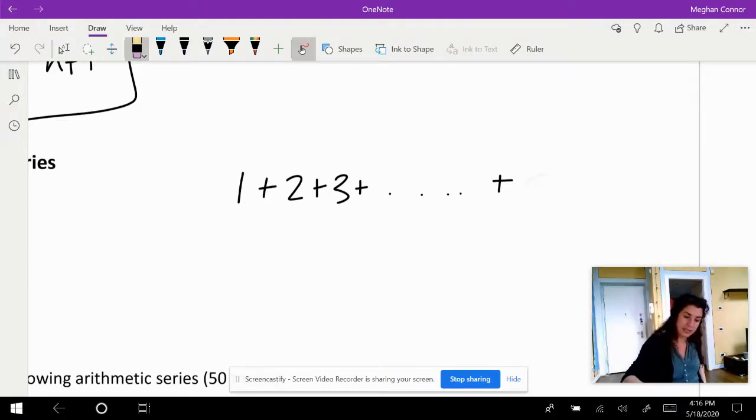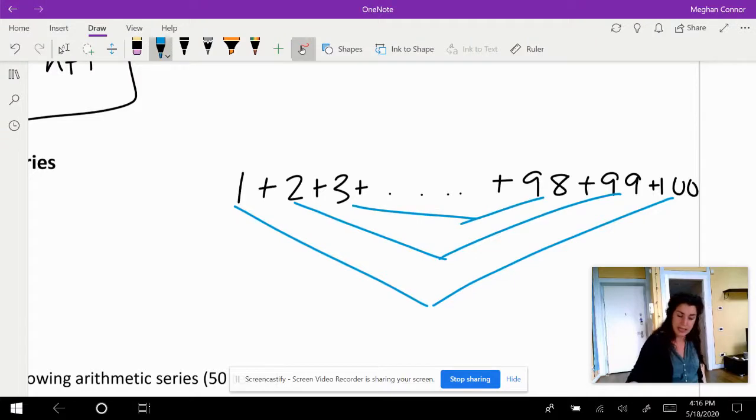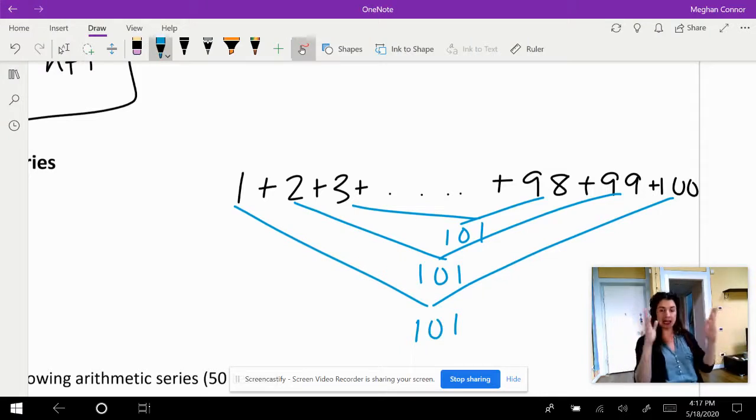let's erase this and do 98, 99, and then 100. If you were to add the first and the last, and the second to last, and the third to last, they will always add up to 101, and it keeps going in that pattern until you get to the middle.